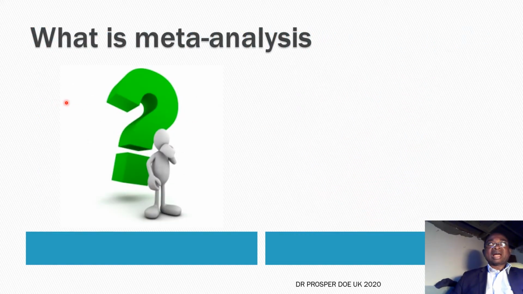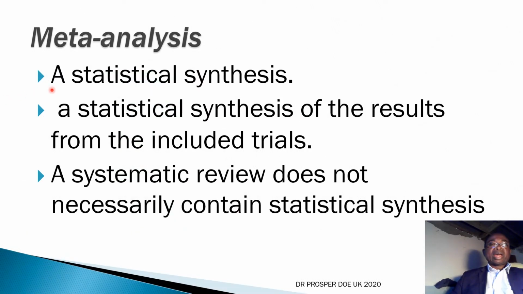What is meta-analysis? It's a statistical synthesis of the results from the included trials. A systematic review does not necessarily contain a statistical synthesis, and this is the main difference between a meta-analysis and a systematic review.